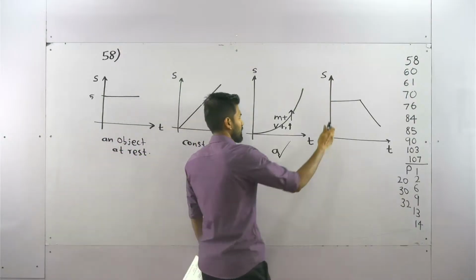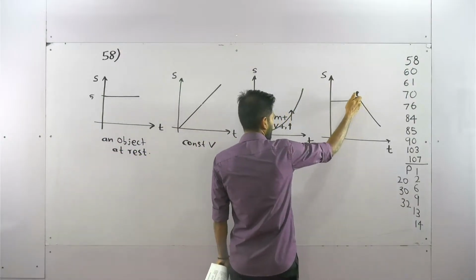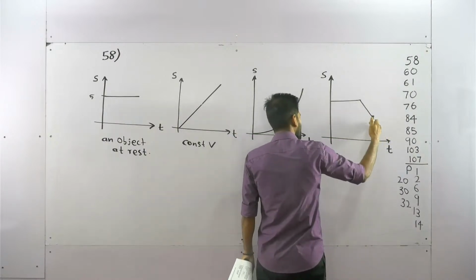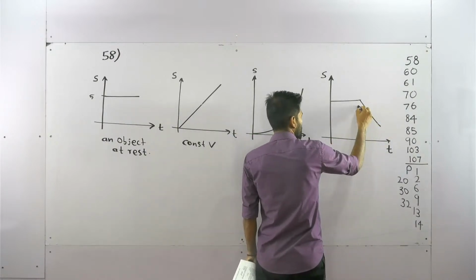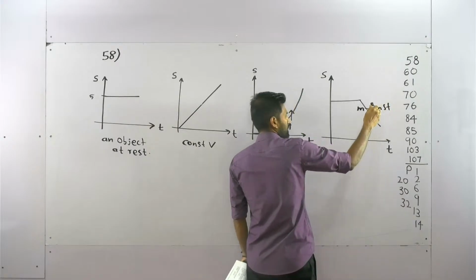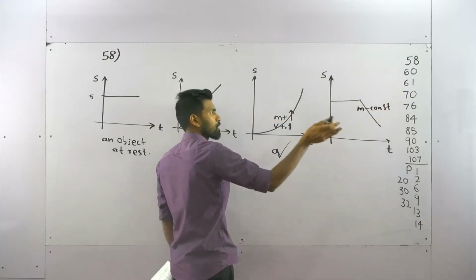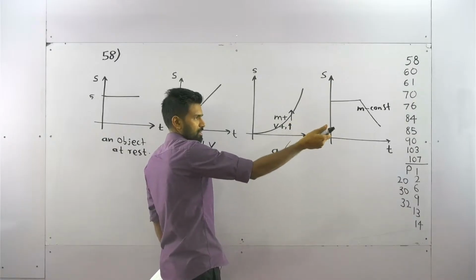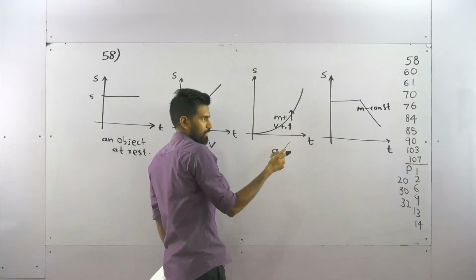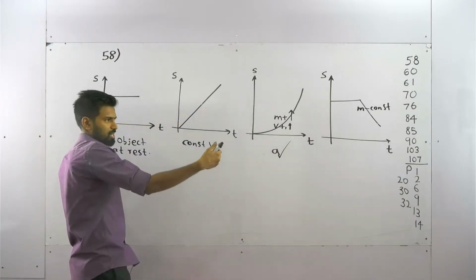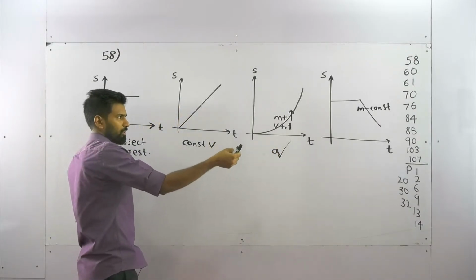Here, initially, the displacement does not change. The object is at rest. Later, there's a straight line with an inclination like this. So this is a negative constant gradient, which means a negative constant velocity. The negative means the object has turned back and is coming in the other direction, opposite to the direction where the velocity is positive. So it's moving in a direction where velocity is negative.